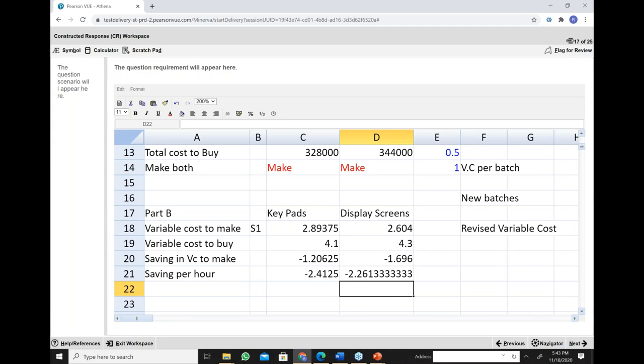Can you tell me? 2.4, right? And if you use that same 1 hour to produce display screen in-house, how much saving will you get per hour? 2.26. Because understand, the limiting factor is labor hours.